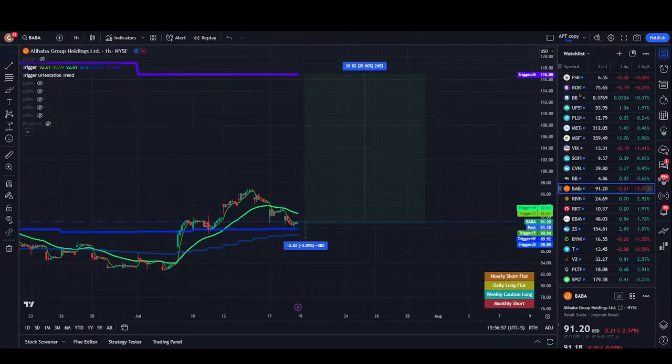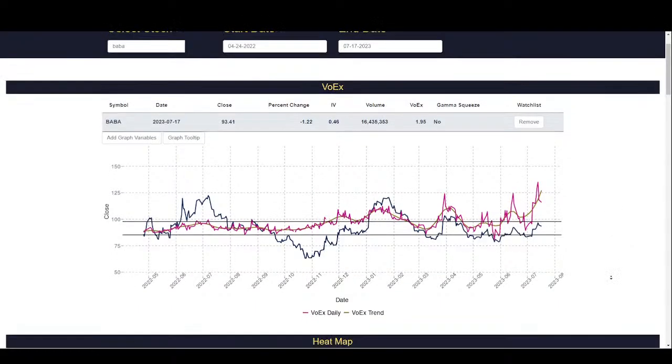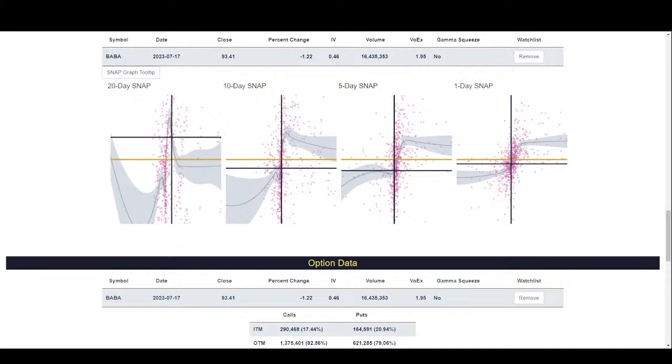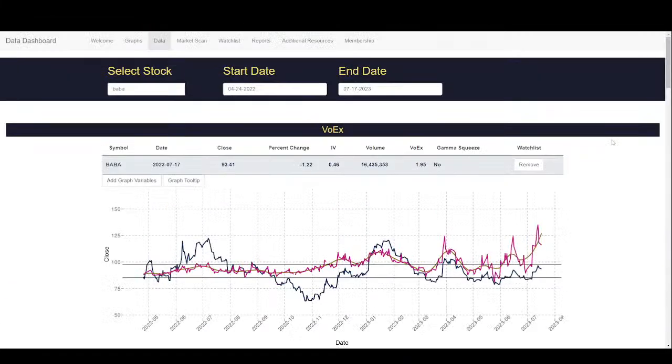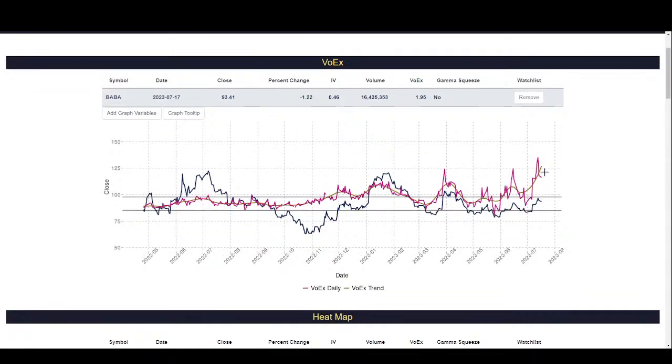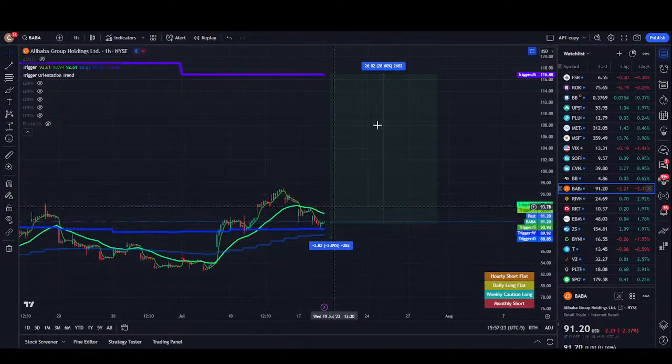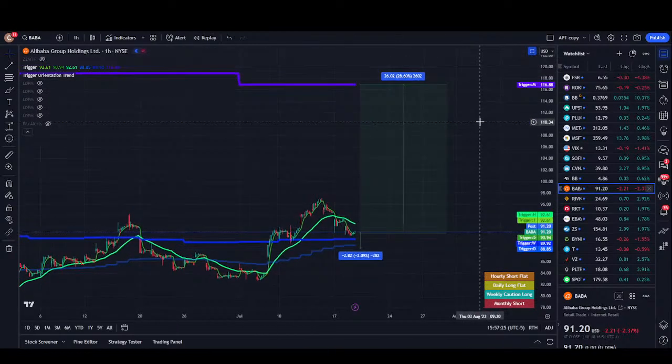And so for BABA, what we'd probably want to look out for is maybe massive amounts of sold puts, which we don't really see right now, or maybe the 1 day, 5 day, and 10-day snap graphs start to flip their opinion. And just in general, a nice little reset of Voex. But the end point is that because Voex is so deep in the inhibition zone at this point in time, our expectation should be that price will move up and attack this monthly trigger.